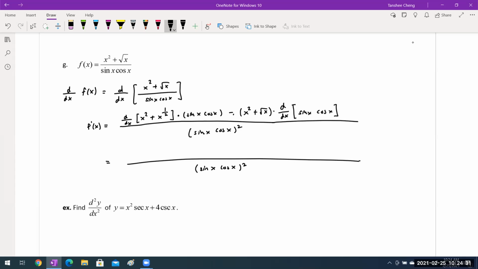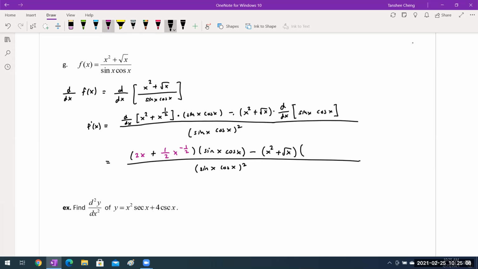So when I take the derivative of the numerator, the derivative of x squared, that will be 2x plus the derivative of x to the 1/2 power, square root of x is the 1/2 power. So that is basically what? 1/2 x to the negative 1/2 power times the denominator, which is sine x cosine x, minus x squared plus square root of x times now the derivative of the second factor.